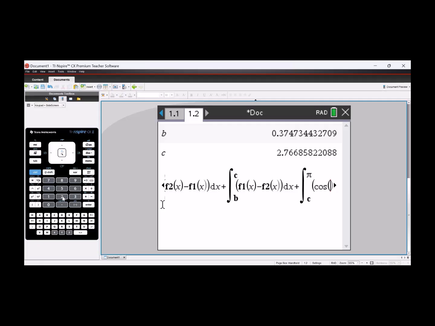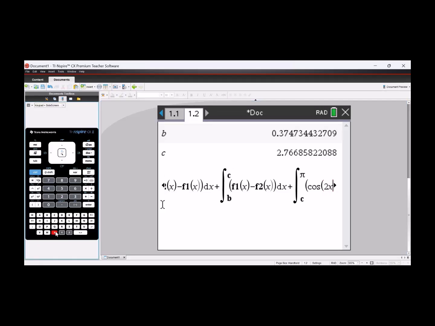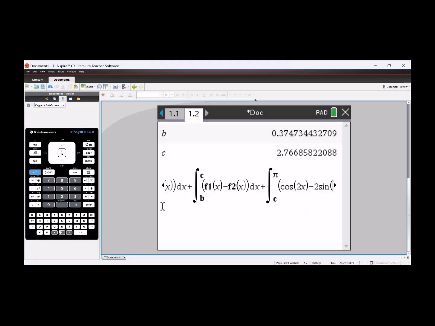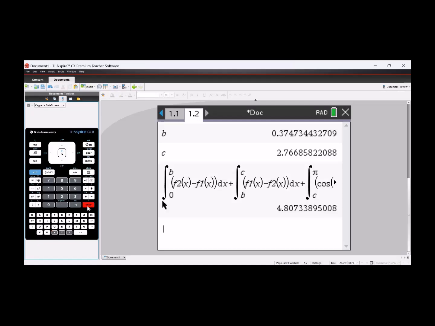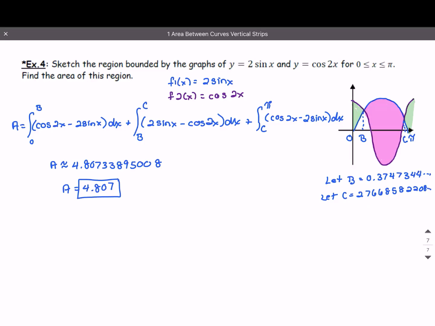Cosine of 2x, close that parentheses, minus 2 sine of x, tab over, dx, enter. And our answer is 4.807.